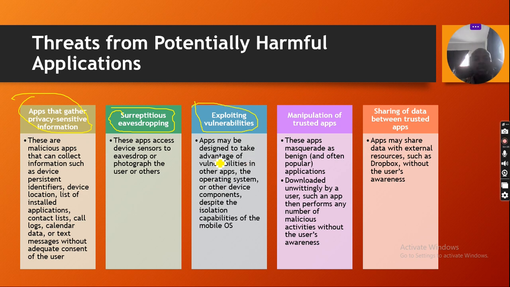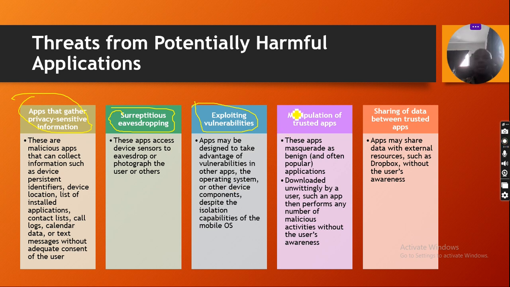Apps may be designed to take advantage of vulnerability in other apps, the operating system or other device components. They are not designed actually for the purpose that they disclose. They are designed to steal or watch or create intrusion in other apps and steal the data or eavesdrop on other apps.